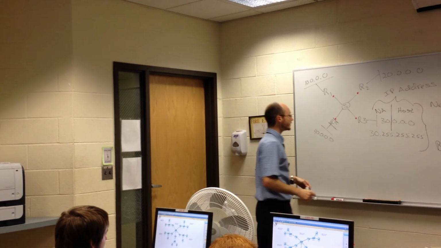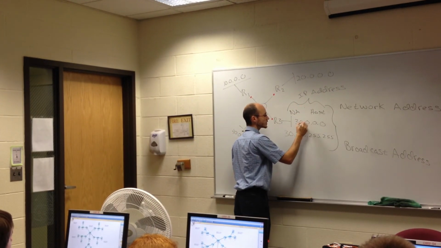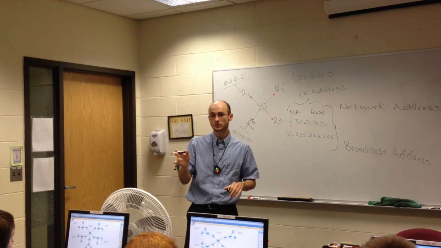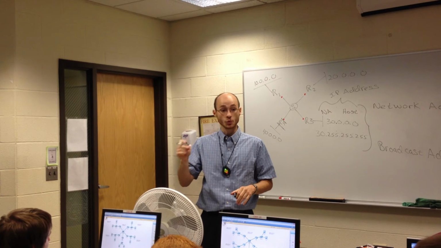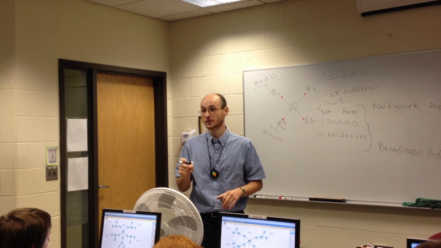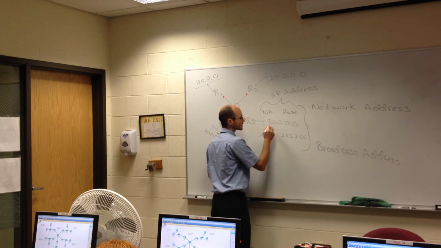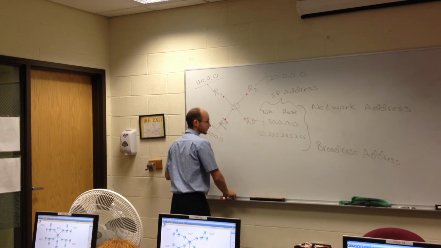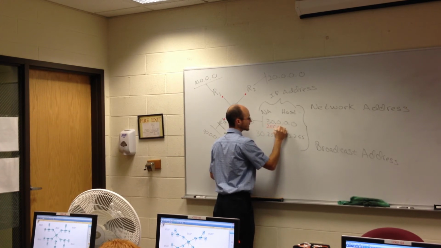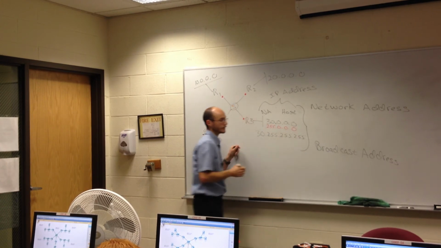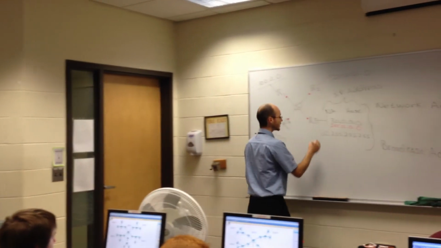And I said that if the first octet falls anywhere between 0 and what number? 127, right? It's from 0 to 127, including 127. Then it's a class A. And I told you that the class A would have a subnet mask of, let me color code this, 255.0.0.0. We good about that?